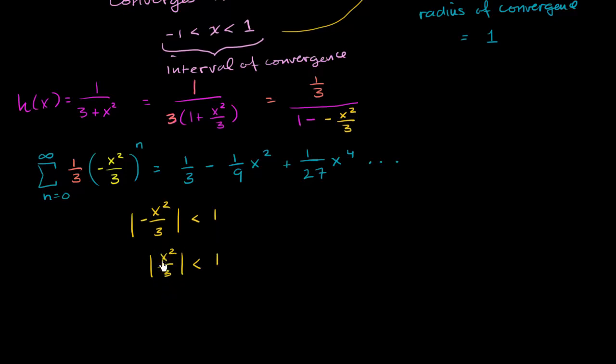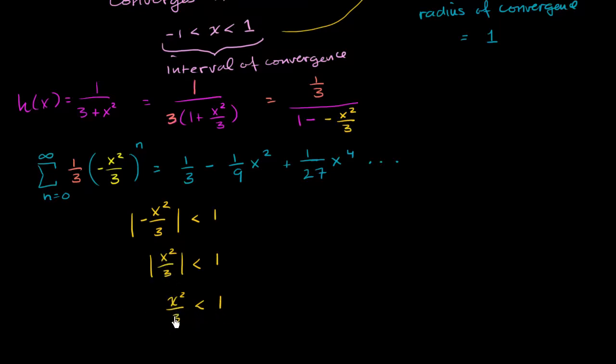One thing that might jump out at you is that x squared is going to be non-negative no matter what. So this is another way of saying that x squared over 3 has to be less than 1. I don't want to confuse you in this step, but the absolute value of x squared over 3 is just going to be x squared over 3, because this is never going to take on a negative value.